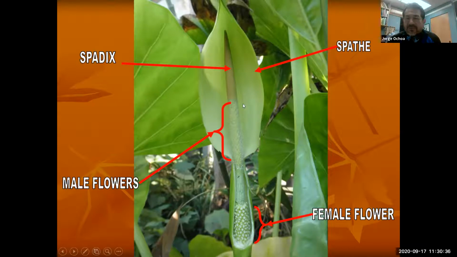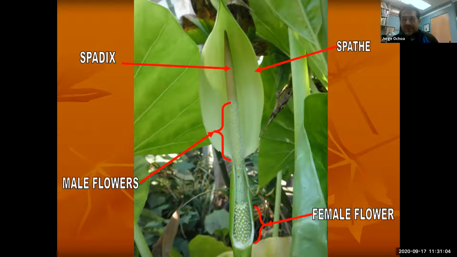The male flowers only have stamens that are just going to produce pollen. And so we have a structure now, what is referred to as an inflorescence or a flower cluster, where you have male flowers and female flowers in the same structure, but separate from one another.